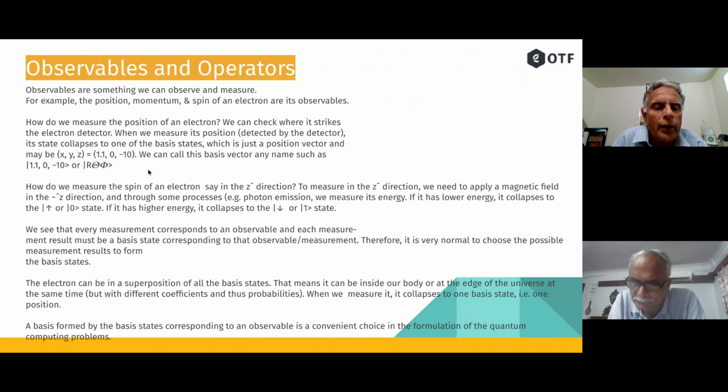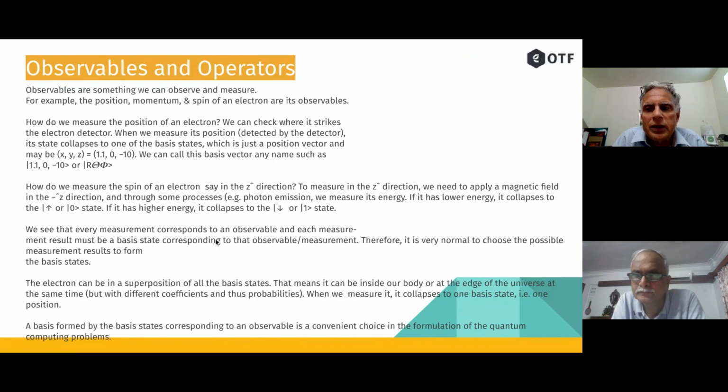If I am looking at detecting an electron which is spinning up, how do I know that it is spinning up? That is by using a magnetic field with an electron detector, which points out whether it is moving to a lower energy. If it is moving to lower energy, I represent it as ket 0.